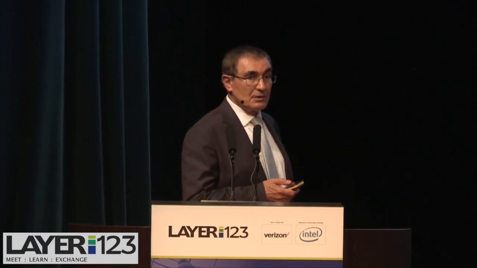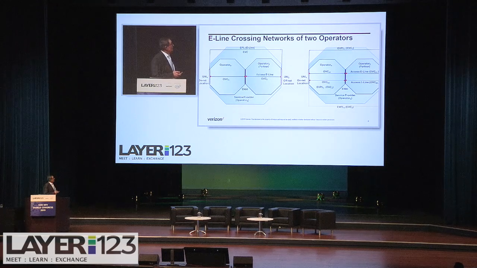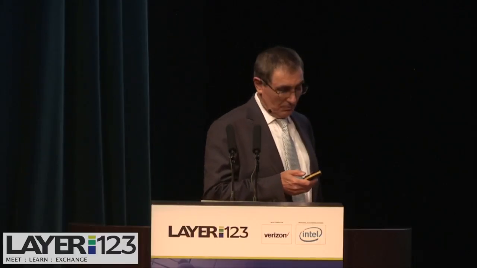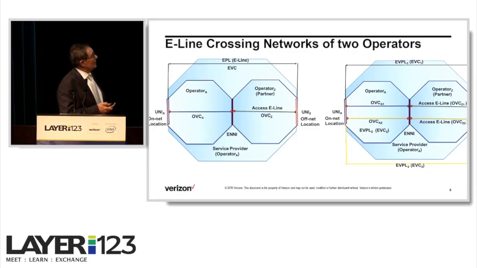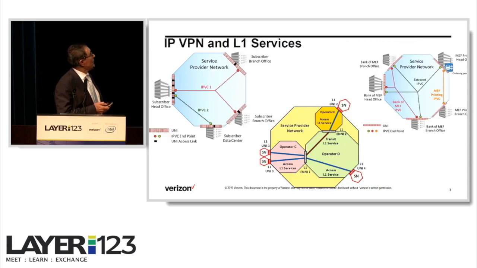And as you can see, the segments of the EVC are called separately. The segment in operator A we call the operator virtual connection A, and the segment in B we call the operator virtual connection B. And of course, on the right side, it's a similar thing for the Ethernet Virtual Private Line.